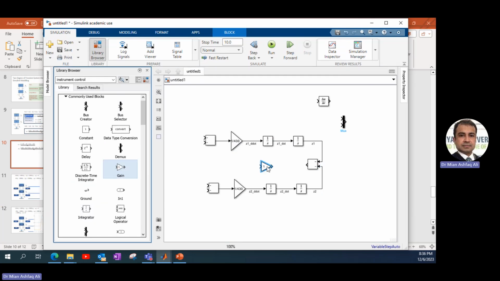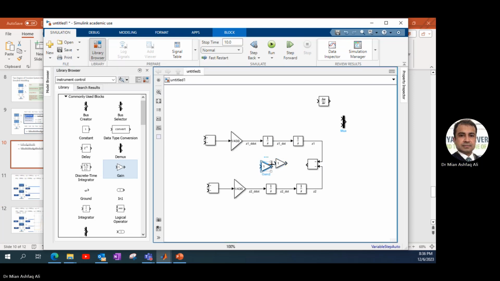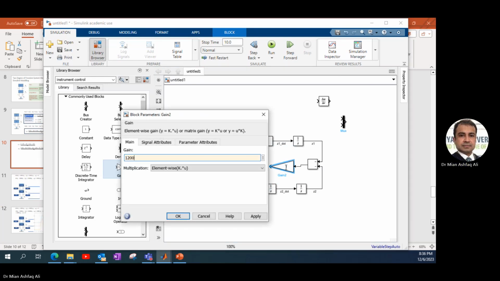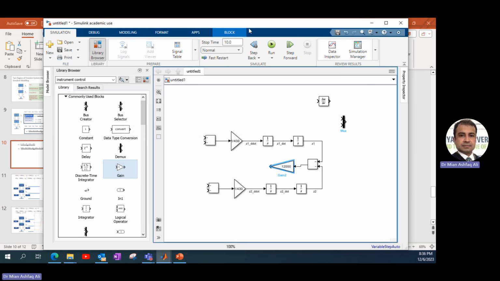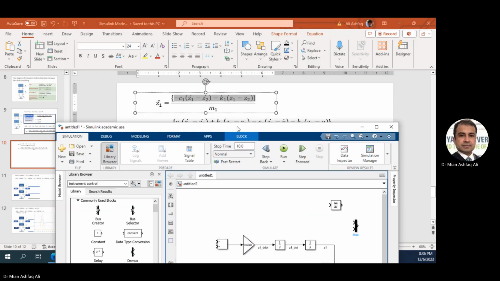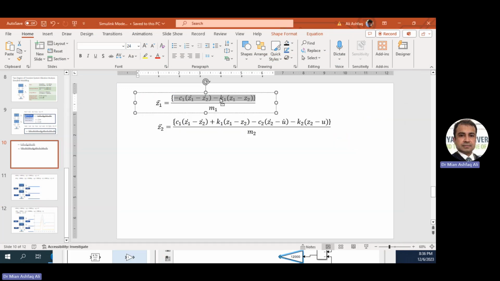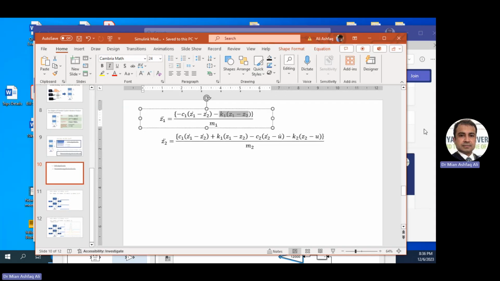I can also invert this by Control I, and I can use the K1 value here, which is 12,000. So this has become actually this force. This is what I need to make: K1 times Z1 minus Z2.